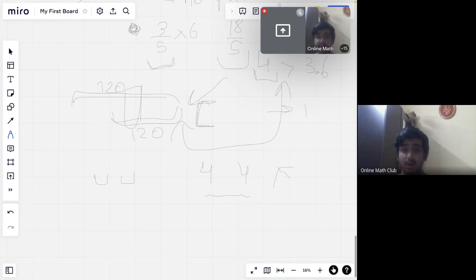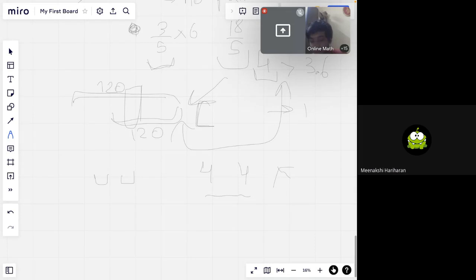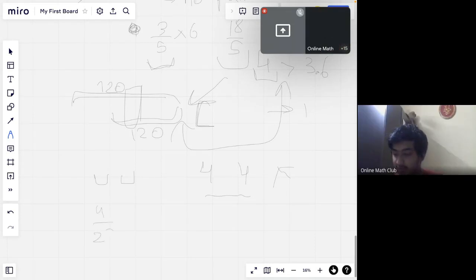The probability that one person misses one specific question is 2 by 5. The probability that they both miss the question is 2 by 5 squared, which is 4 by 25.